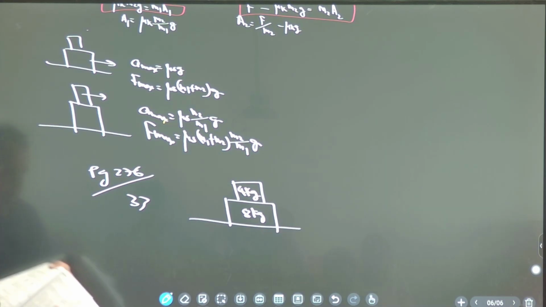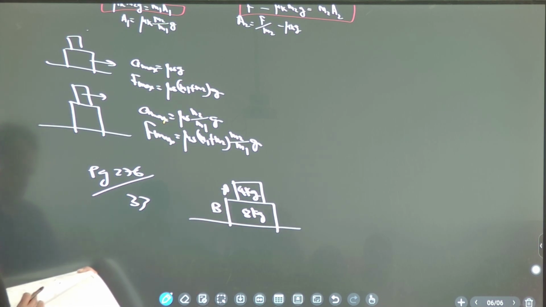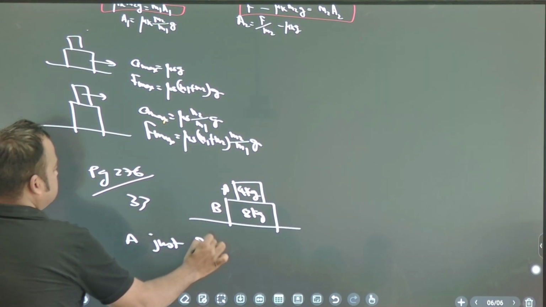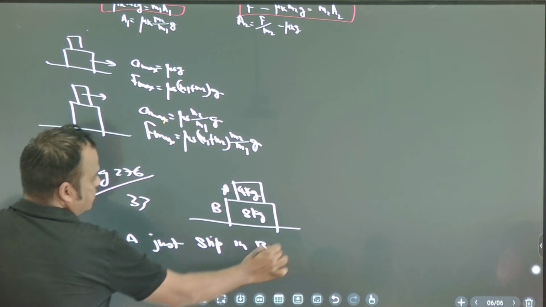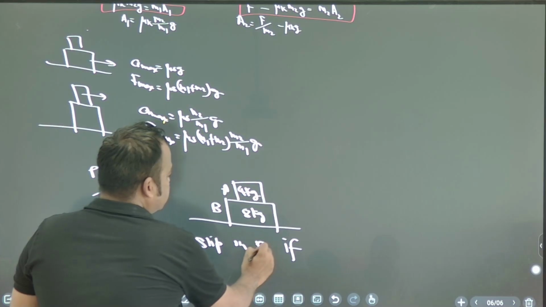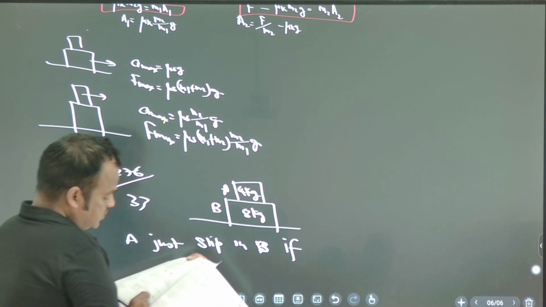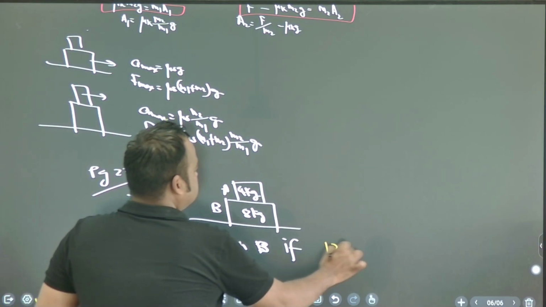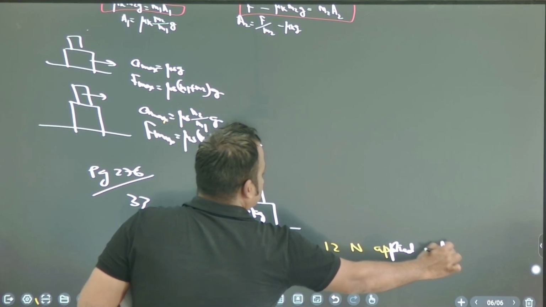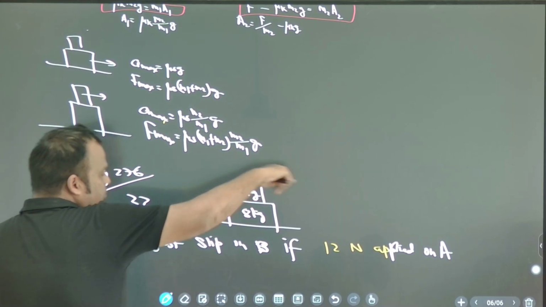A just slips on B if 12 Newton is applied on A. So force is acting on A, the upper block.